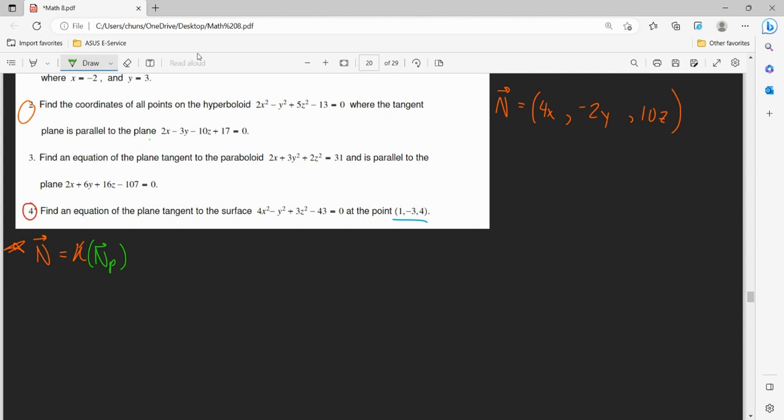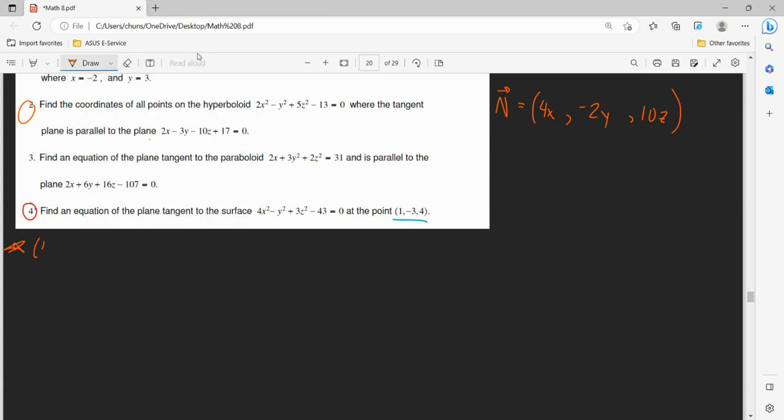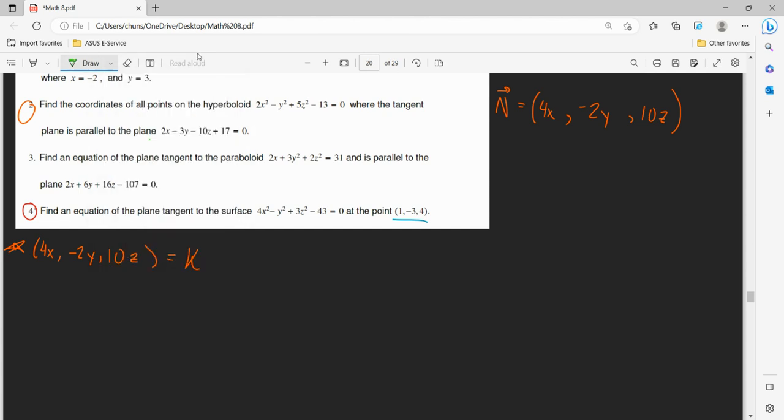Right, so if we use this logic, from our hyperboloid, this is 4x, negative 2y, and then 10z, and this is equal to some scalar multiple of the normal vector, which is 2, negative 3, and negative 10 of our given plane here.